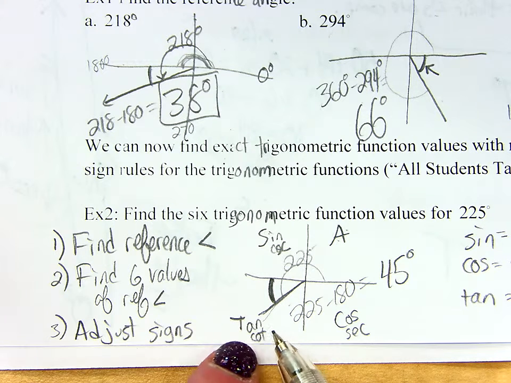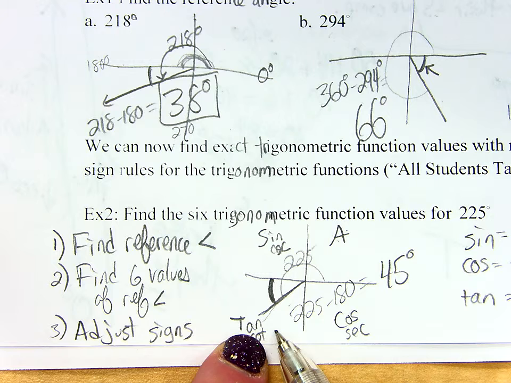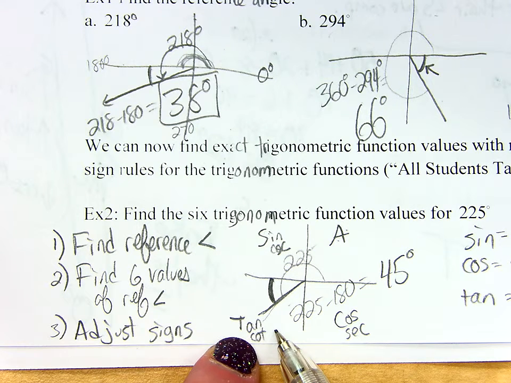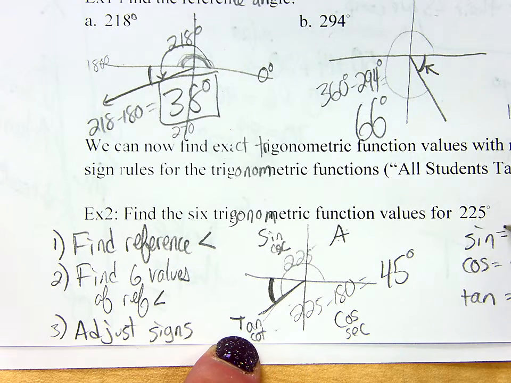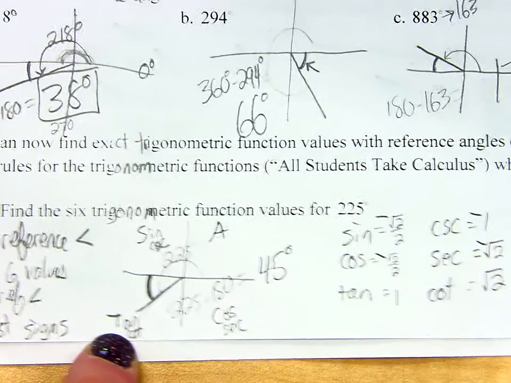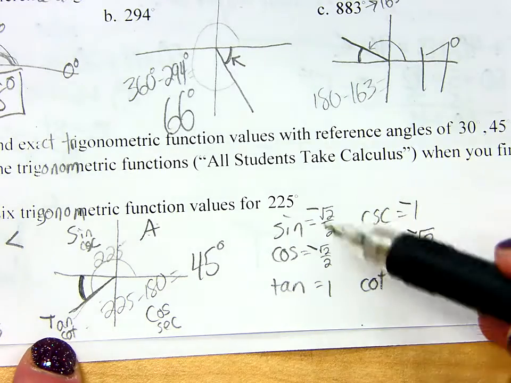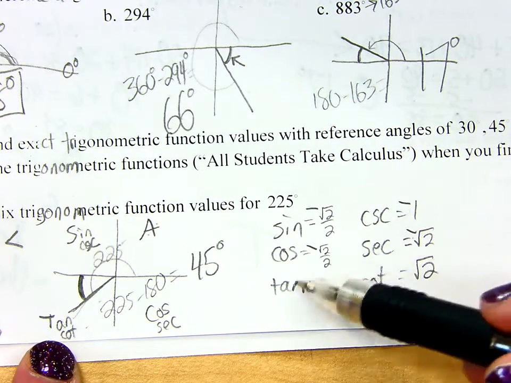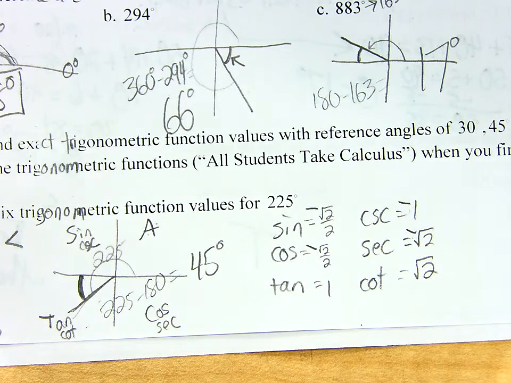So if I look at the quadrant I'm in, it's the third. So the only ones that are going to be positive are tangent and cotangent. Make everybody else negative. So I just added negative signs to everybody else except the tangent and cotangent.